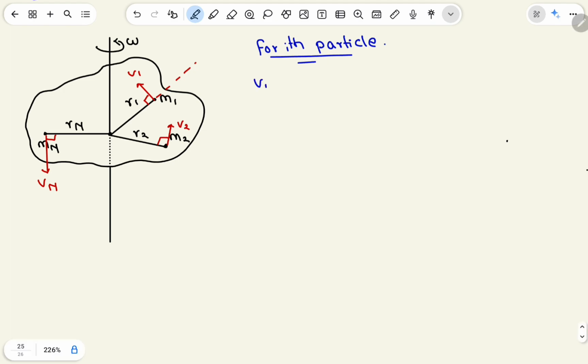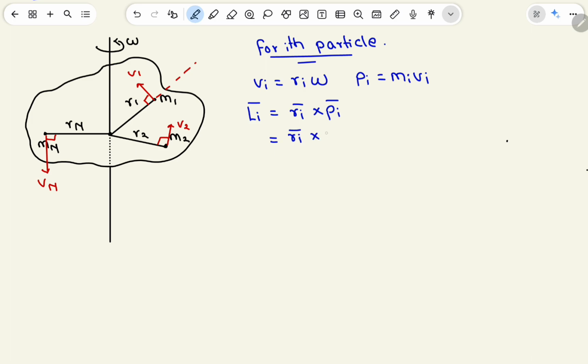So we can write down that the tangential velocity v_i is nothing but r_i into omega, and the linear momentum for the ith particle can be written as m_i into v_i. Therefore, for each particle, by using the definition of angular momentum, L bar is equal to r bar cross p bar. So for ith particle, we can write down L_i bar is equal to r_i bar cross p_i bar. Substituting for p_i, I can write it as r_i bar cross m_i into v_i bar.